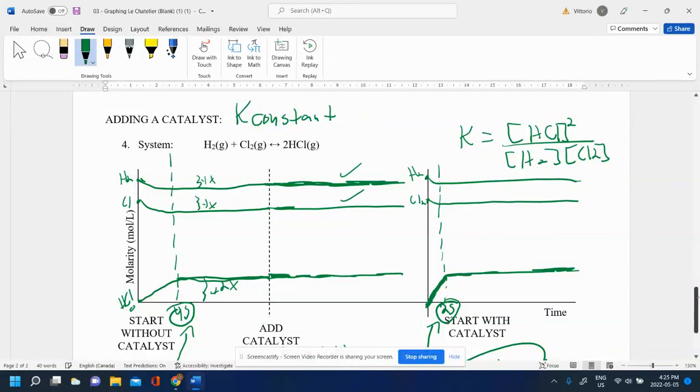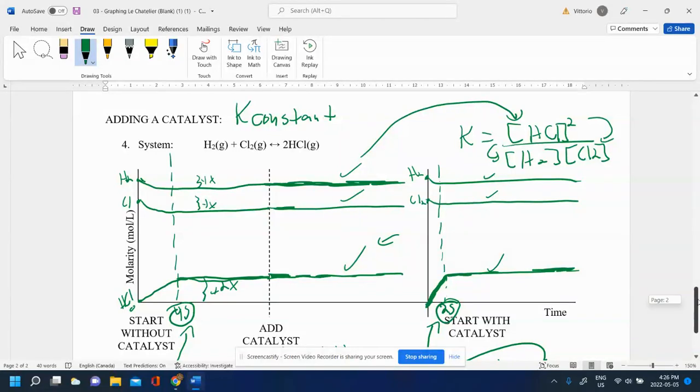If you put in this, this, and this into here, you'll get a number. If you then take this, this, and this with the catalyst and put them into here, they'd be the same concentrations anyways. You'd get the same K value. So you'd be at the same concentration as without the catalyst, but it just happened earlier.